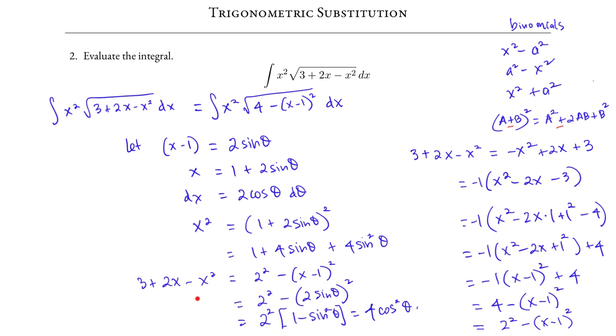Keep in mind that 3 plus 2x minus x squared is underneath the radical. And so when we find a substitution expression for the square root of 3 plus 2x minus x squared, we would use 2 cosine theta.